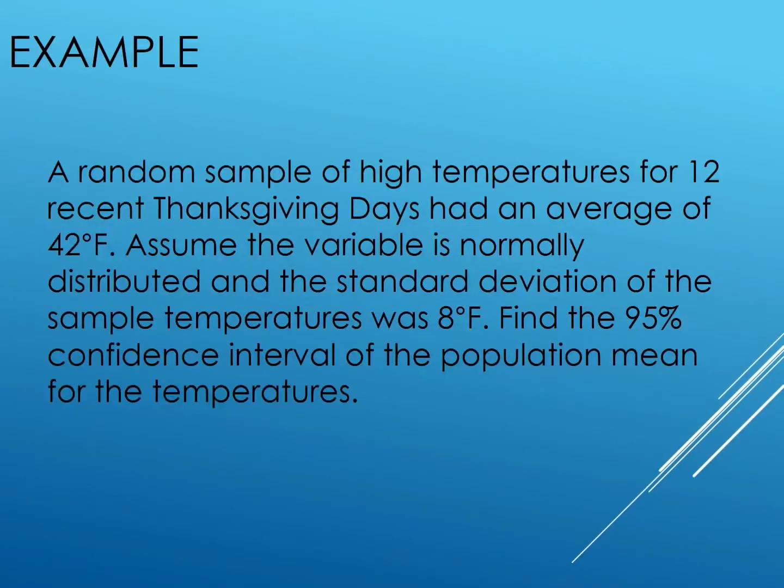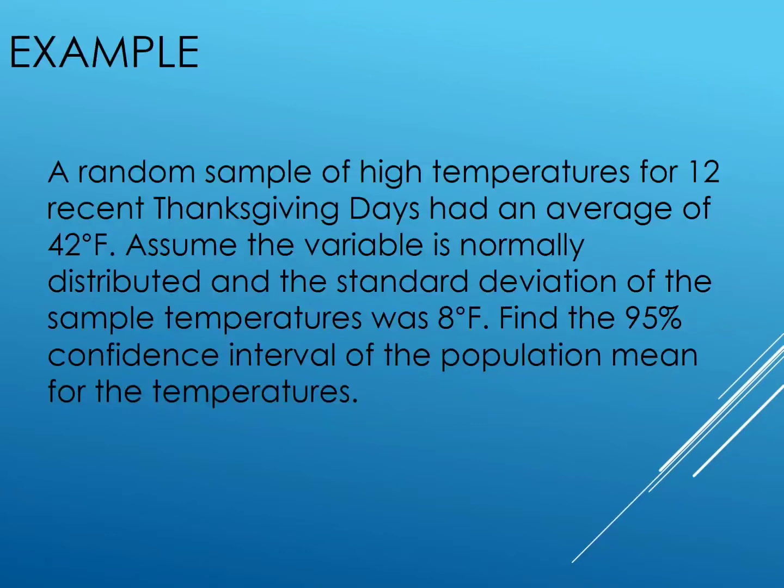So let's solve this example. A random sample of high temperatures for 12 recent Thanksgiving days had an average of 42 Fahrenheit. Assume the variable is normally distributed and the standard deviation of the sample temperatures was 8 Fahrenheit. Find the 95% confidence interval of the population mean for the temperatures.